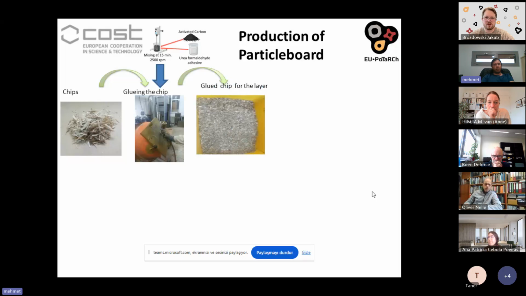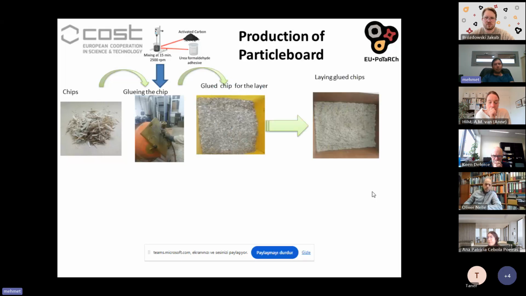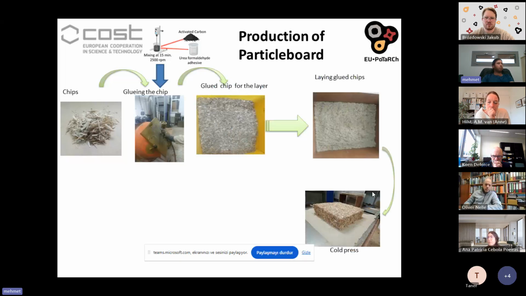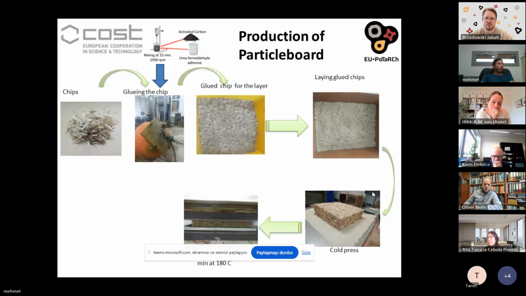As you can see, the glued chips form the layer, and after the manual mat formation process using a wooden spreading mold, we applied the cold press to the mat formation, and the formed mats are pressed under the hot press.